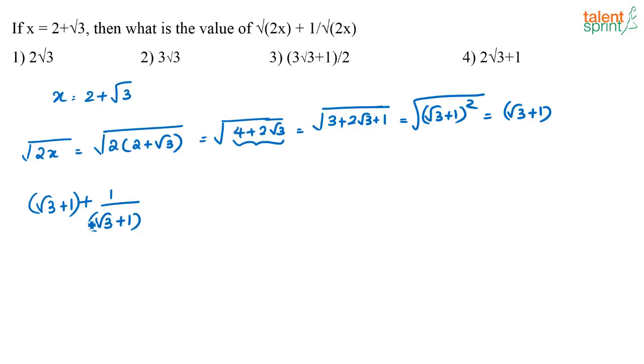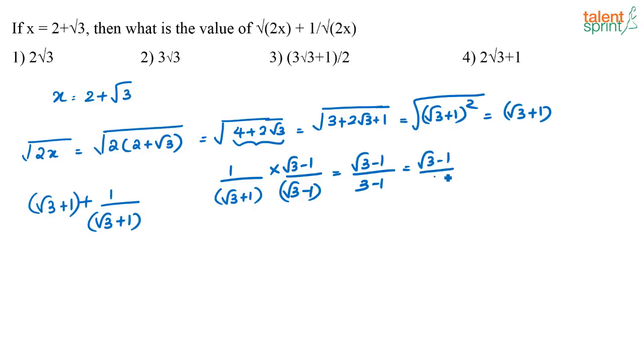Now again, this 1 by root 3 plus 1, let us try to rationalize this. How do you rationalize it? If you have a term 1 by root 3 plus 1, you just multiply and divide it by its conjugate, that is root 3 minus 1. And what do you get? You get root 3 minus 1 divided by 3 minus 1, which is root 3 minus 1 by 2.